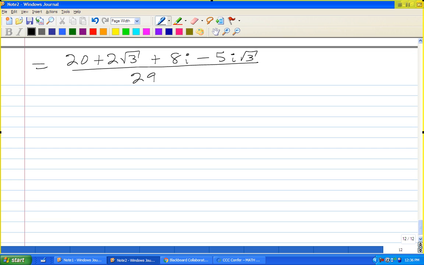And so this is equal to, well, maybe I'll just write it as the real part, 20 plus 2 rad 3, plus the imaginary part. Let me factor out the i: 8 minus 5 rad 3, i, all over 29.